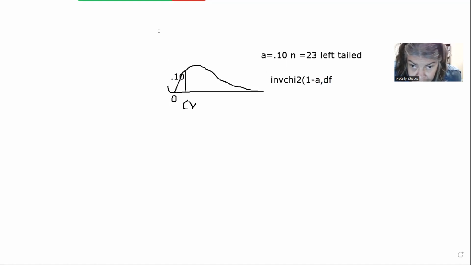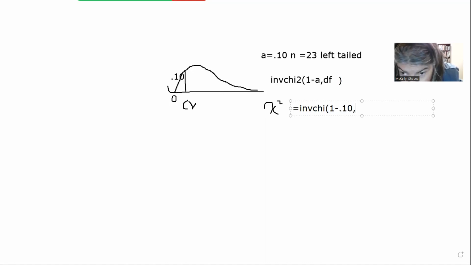So we're going to say that my chi-square value, and it looks like an X, but it's a little fancier and it's the Greek letter chi, chi-square equals, in this case, inverse chi of 1 minus 0.10.